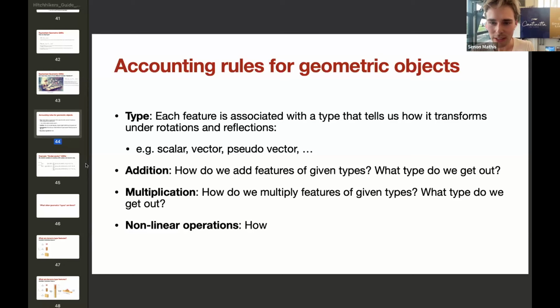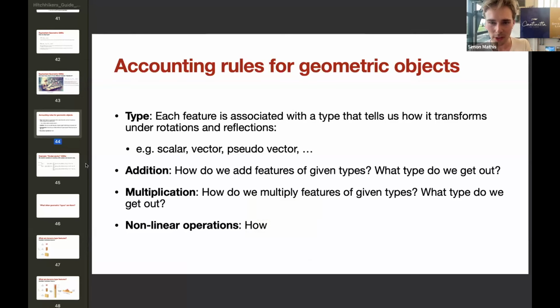And if we now account for geometric objects, we need to think of a couple of rules. I already mentioned that type is what we use to refer to how an object transforms under rotations and reflections. You could generalize this to other symmetry groups as well, but we are interested in 3D atomistic systems, where rotations and reflections are the symmetries of 3D space. You see a couple of types here: scalar, vector, pseudo vector, and we'll go through examples of those.